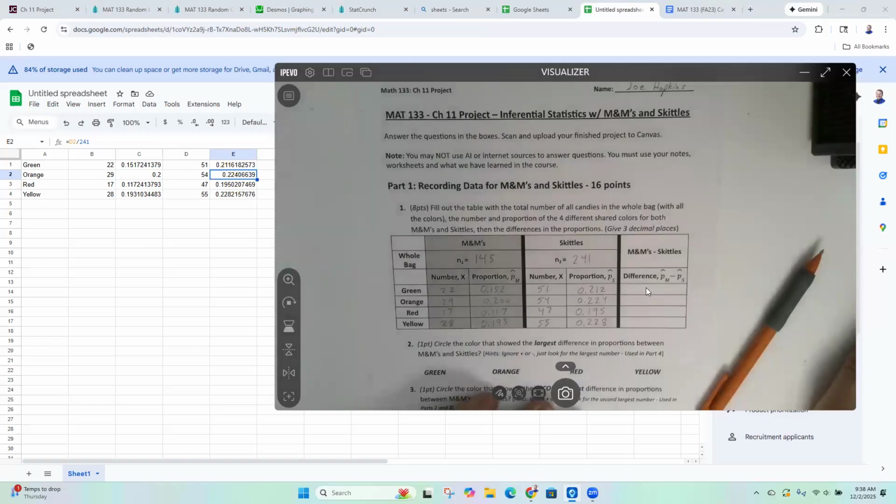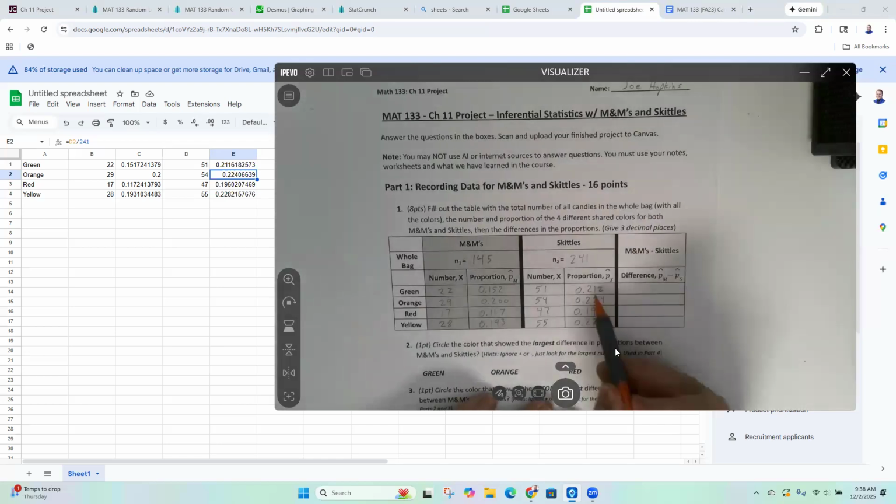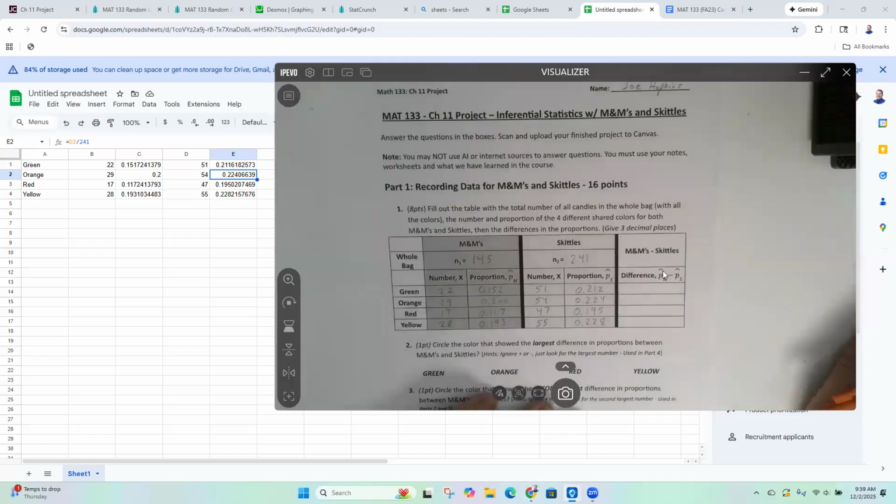So the difference now is we take PM minus PS, okay? So some of these might end up being negative, okay? So make sure that if it's positive or negative, you put the right sign there, okay?